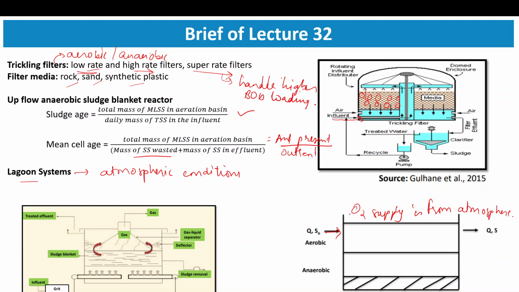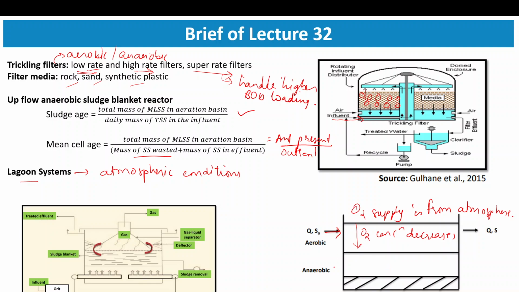As you go down and down, there will be some diffusion, but a layer comes inside the tank where the oxygen is not present. Gradually the O2 concentration decreases down the lagoon tank, and there will be some region where anaerobic digestion or degradation of BOD also occurs.